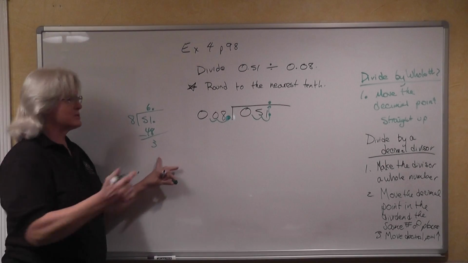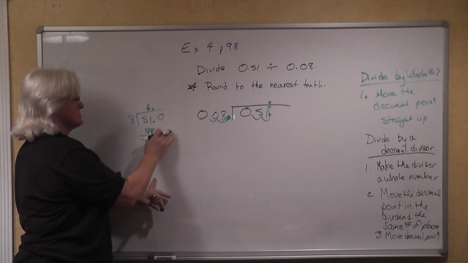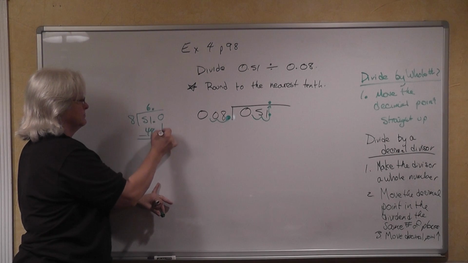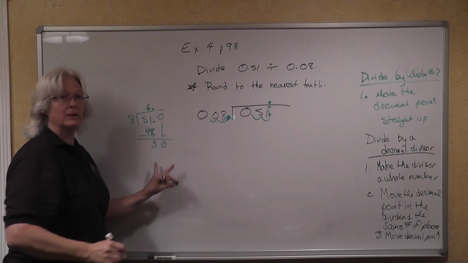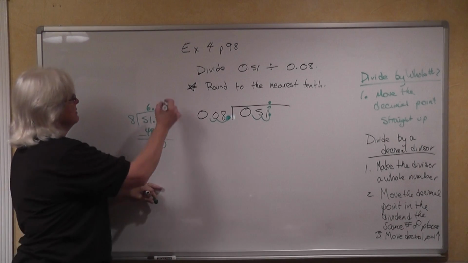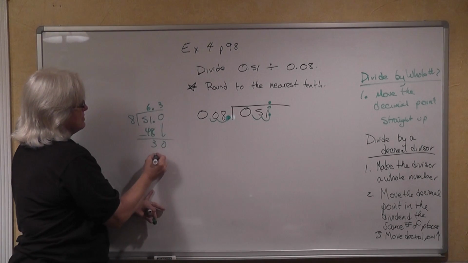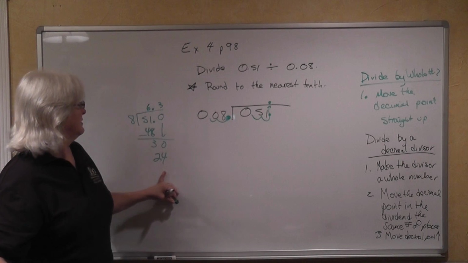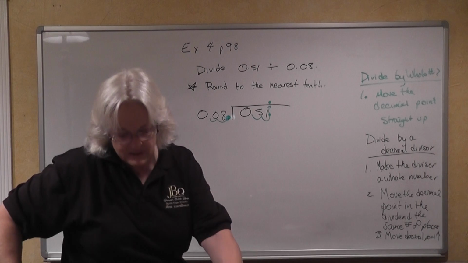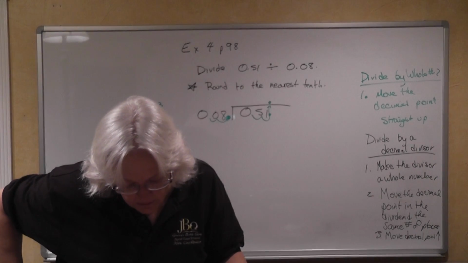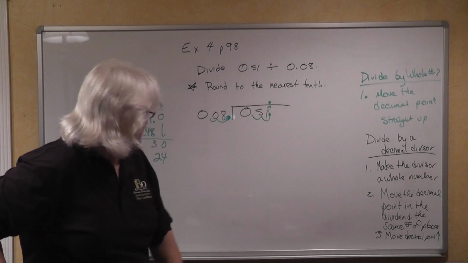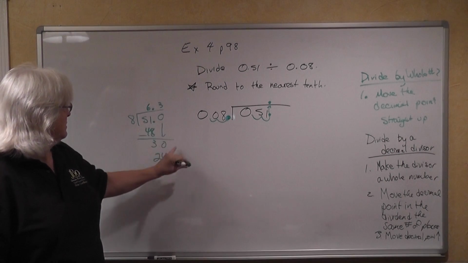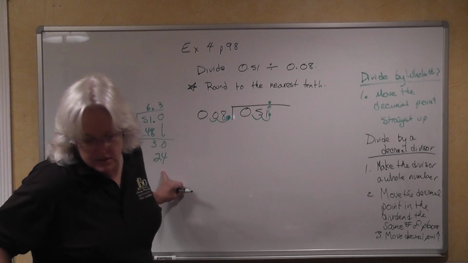We're out of digits, so we annex zeros at the back so that we can bring down a 0. How many times does 8 go into 30? 3 8s are 24. Oh my goodness. Looks like I'm doing my division wrong here. 30, 3 8s are 24, 6.